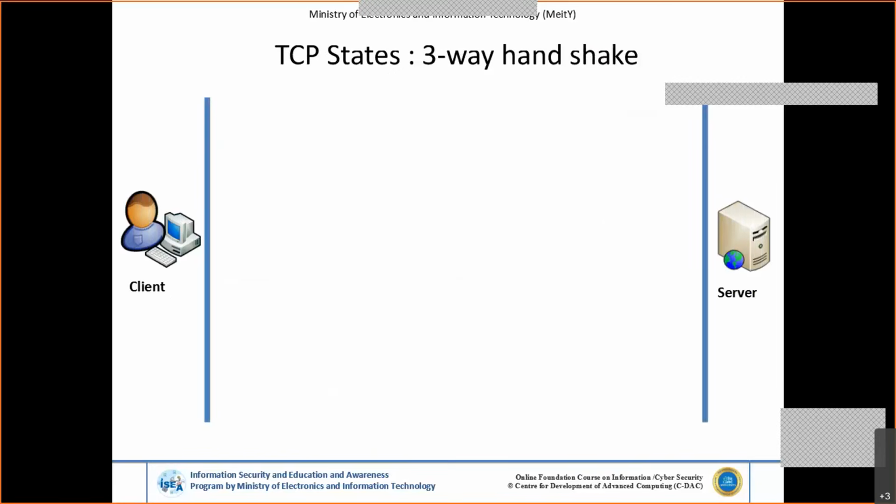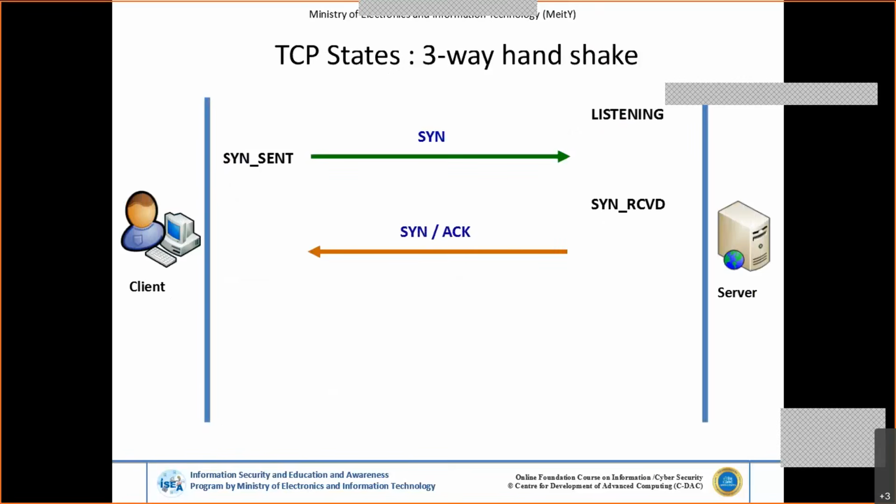This we have seen already, the TCP three-way handshake. Based on the connections that are established, certain states of the connection are maintained here. When a SYN is sent, it is in listening mode, and when a SYN is received, it is in SYN received mode. When the three-way handshake is completed, the connection changes to established.